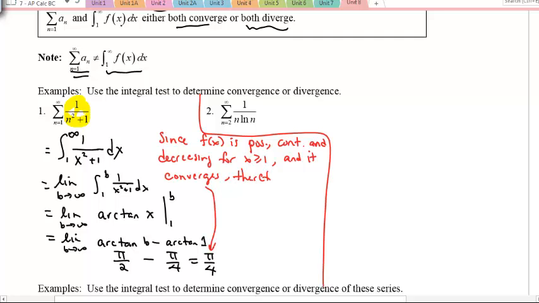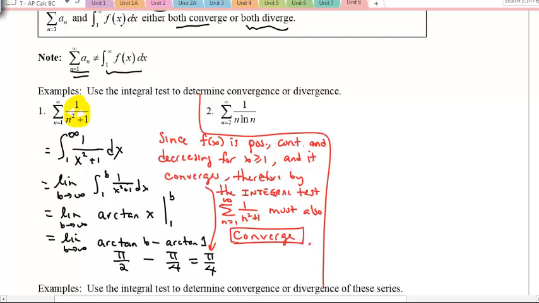Therefore, by the integral test, the sum of n equals 1 to infinity of 1 over n squared plus 1 must also converge. There you go. So I kind of wrote out all the things you would do on a written response AP exam. This justification is what they're looking for.